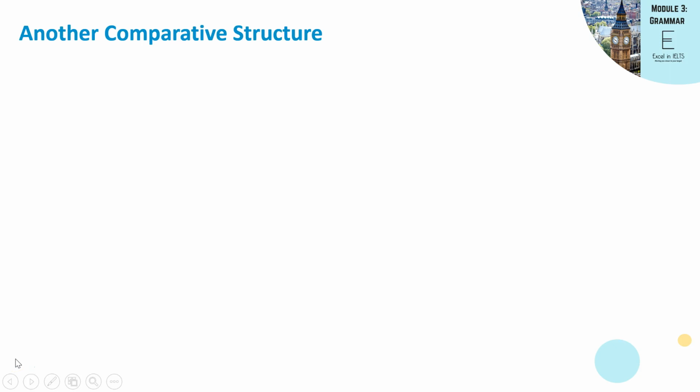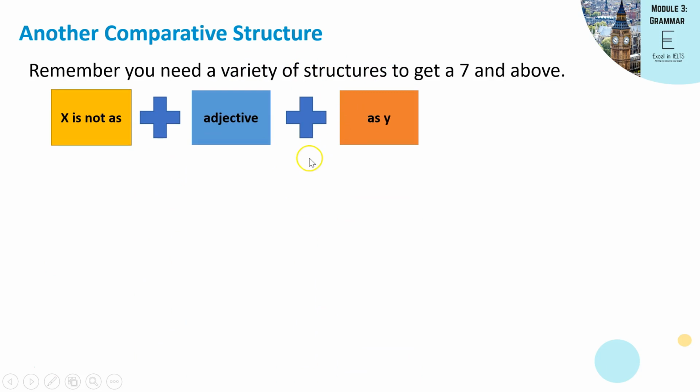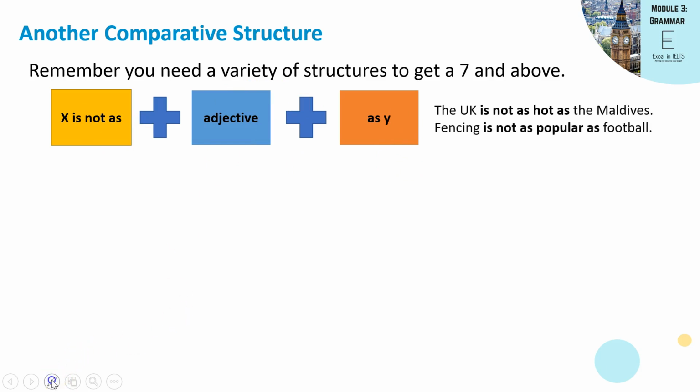Now let's have a look at another comparative structure that you can use. So remember, to get a band 7, you need to use a variety of structures. So this is another one that you can use to make a comparison. X is not as adjective as Y. So for example, the UK is not as hot as the Maldives, or fencing is not as popular as football.